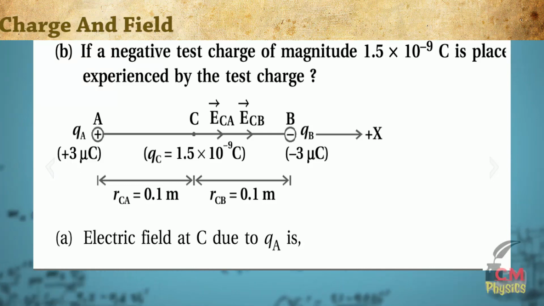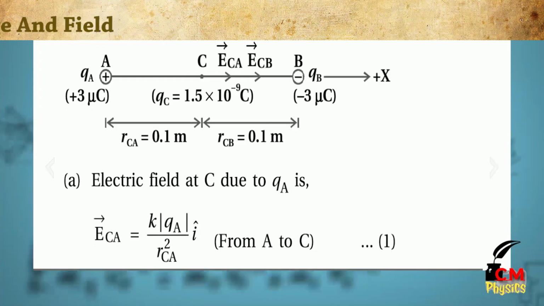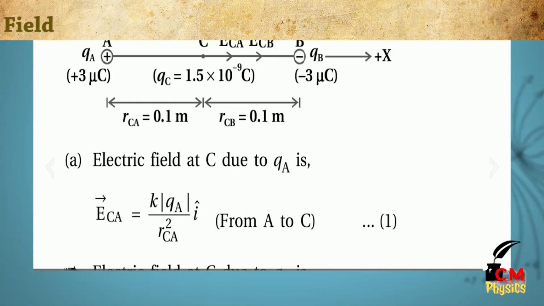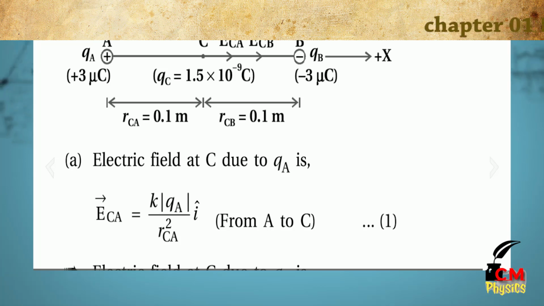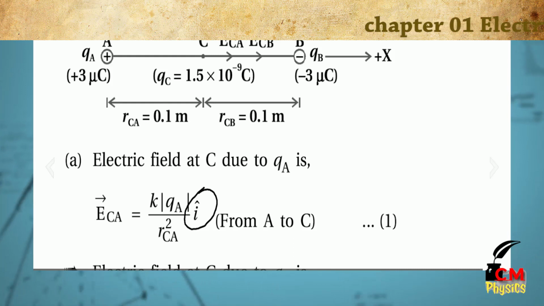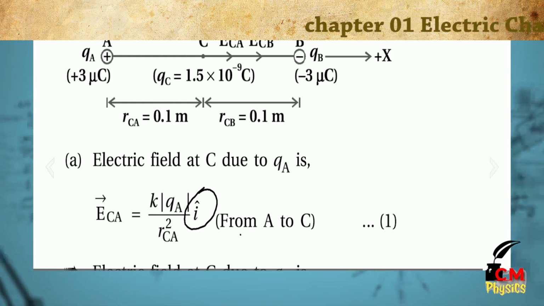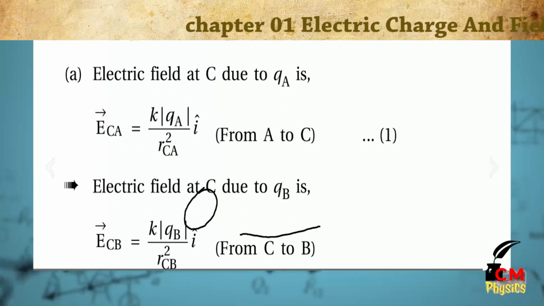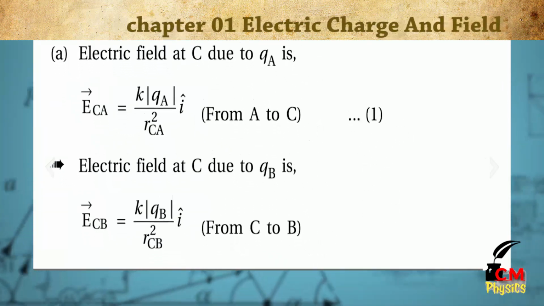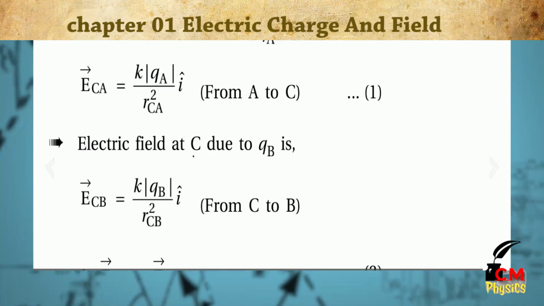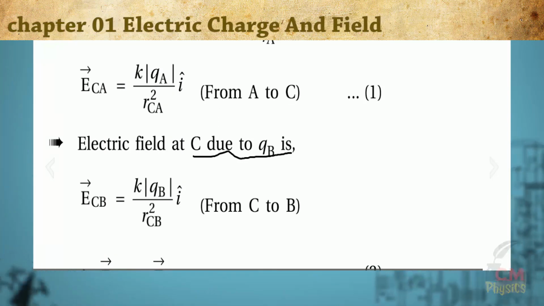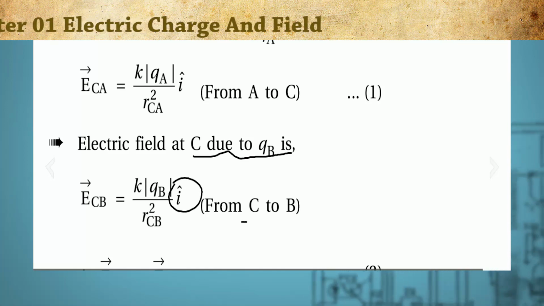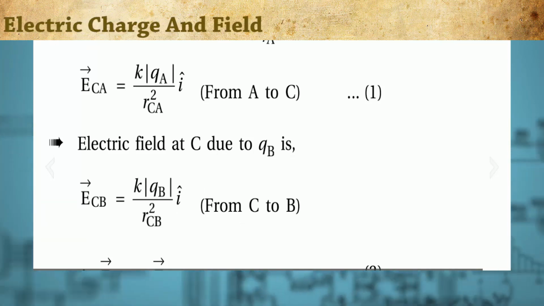Therefore, inside the solution, the electric field at C due to the A charge, modulus of ECA, because we need a direction, we are using the modulus. The electric field direction is in i cap, towards the positive x-axis from A to C. Similarly, the electric field at C due to QB, we use the modulus, and that direction is also i cap from C to B. It is clear from the diagram.